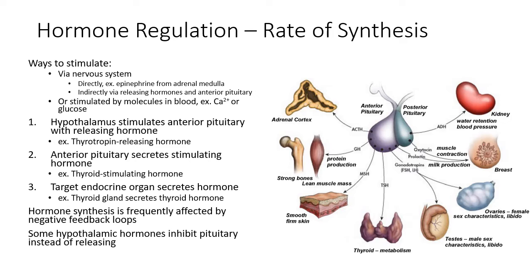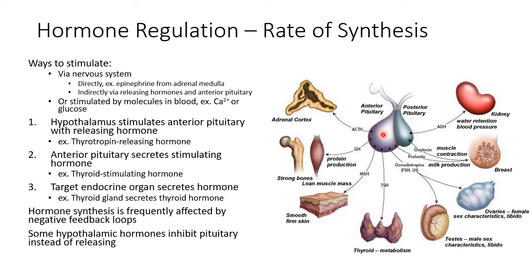So in general, the hypothalamus would secrete a releasing hormone that would travel into the pituitary. When that releasing hormone gets to the pituitary, it makes the pituitary release a hormone, which would be a stimulating hormone. That hormone travels in the blood to some other endocrine organ and makes that organ release a hormone.